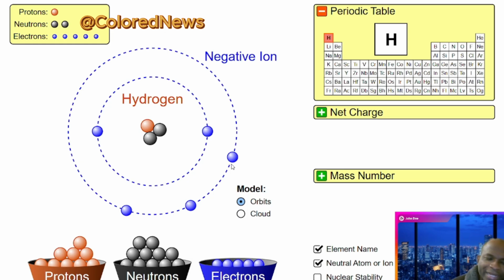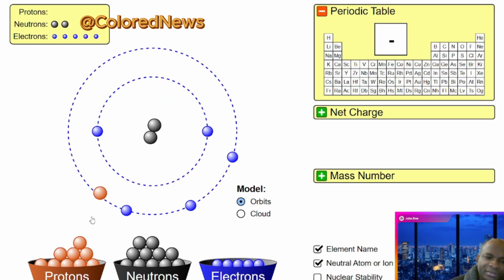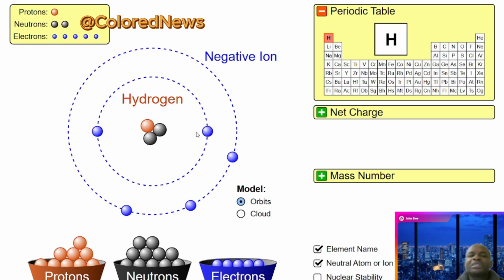But you cannot play with your proton because the proton determines what type of element you have. So with this little concept, I hope that we have gotten a very solid take on what an atom is.